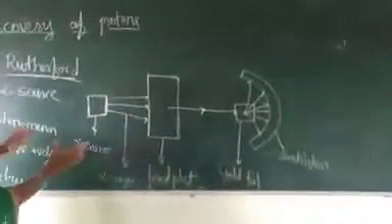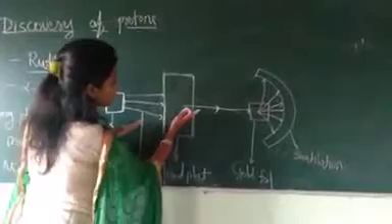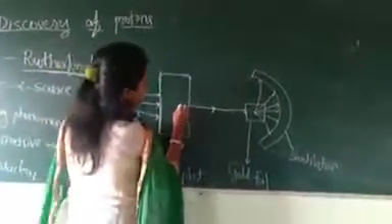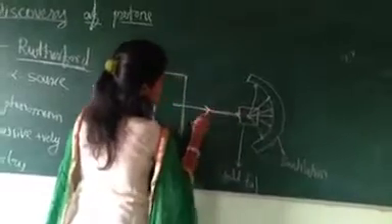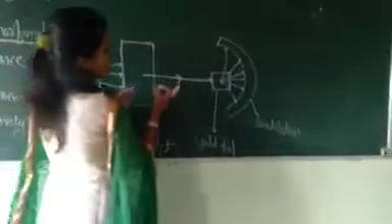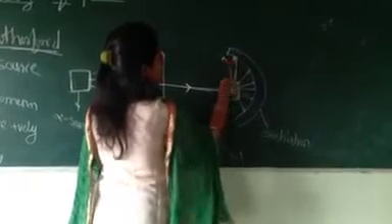From the alpha source, alpha rays are given. They pass through the lead plate, which gives the rays in one direction. Then they pass through the gold foil, which gives different kinds of radiation.